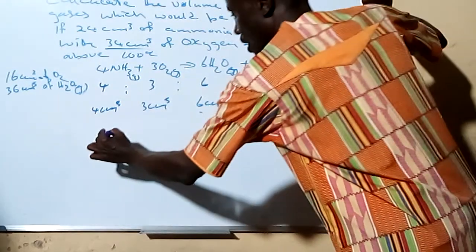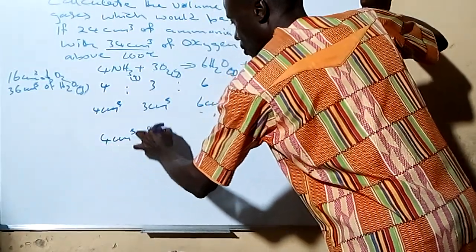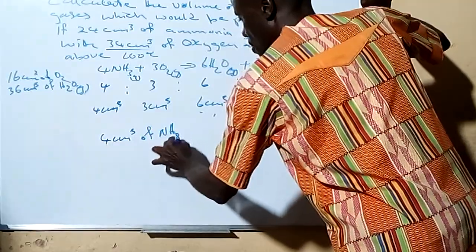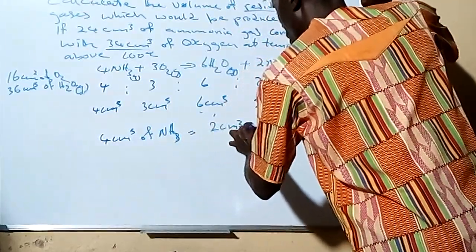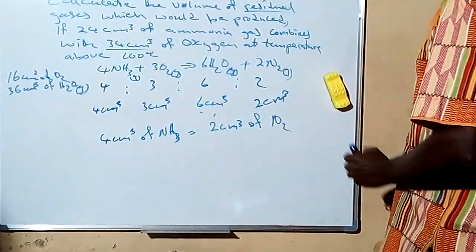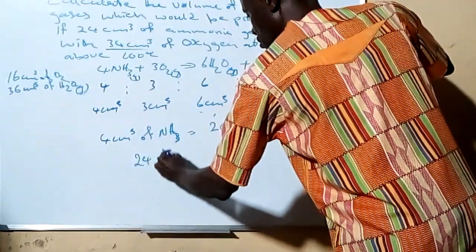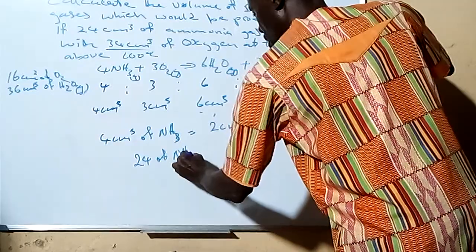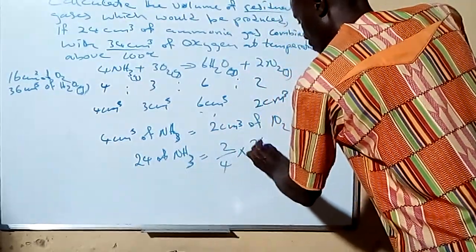So 4 cm3 of ammonia will give us 2 cm3 of nitrogen. So 24 cm3 of ammonia will then give us 2/4 times 24/1.